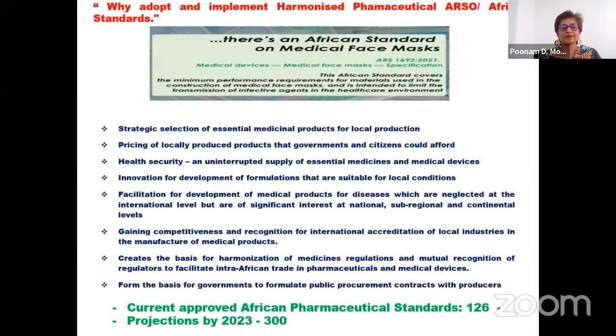Many times in the past, Africans did not consider selling food as a business. The same happens in the area of pharmaceuticals and medical devices, where there are still people who do not think this is a tradable product. How do we change these perceptions?